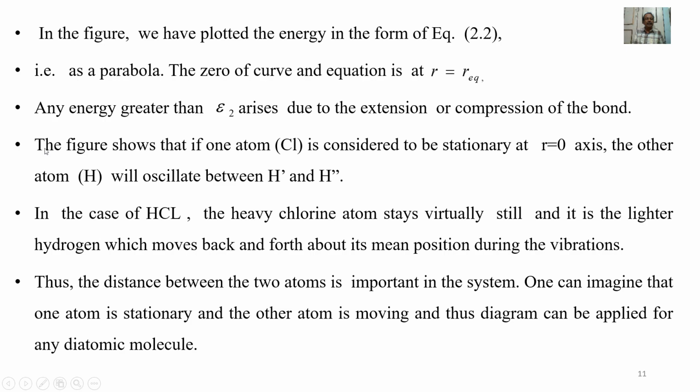In the case of HCl, the heavy chlorine atom stays virtually still, and it is the lighter hydrogen atom which moves back and forth about its mean position during the vibrations. Thus, the distance between the two atoms is important in the system. One can imagine that one atom is stationary and the other atom is moving back and forth, and thus the diagram can be applied to any diatomic molecule.